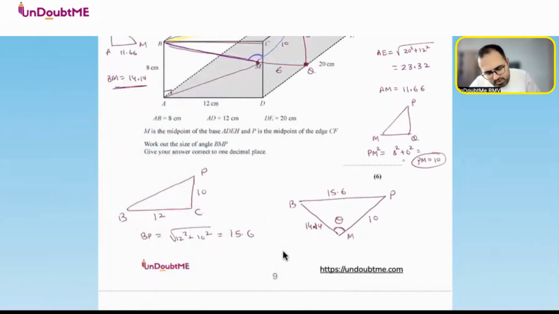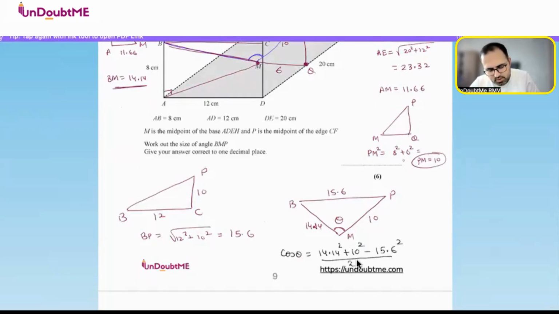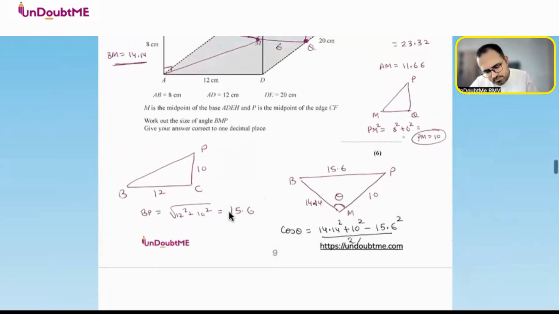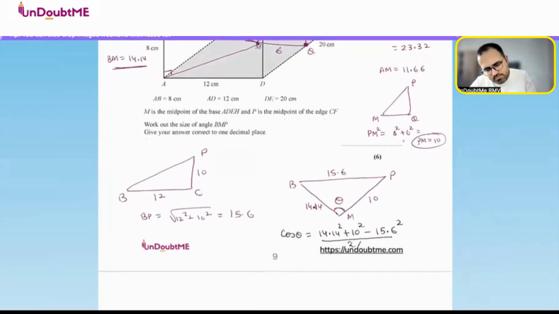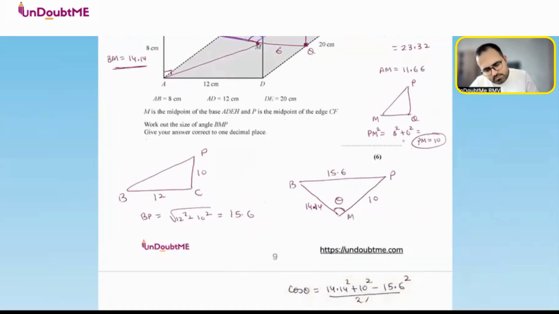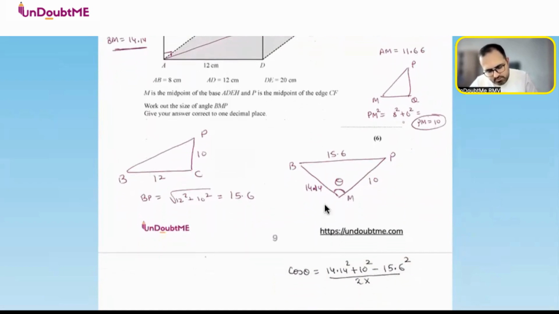So I can write the formula as cos theta is equal to 14.14 square plus 10 square minus 15.6 square over 2 times 14.14 times 10.